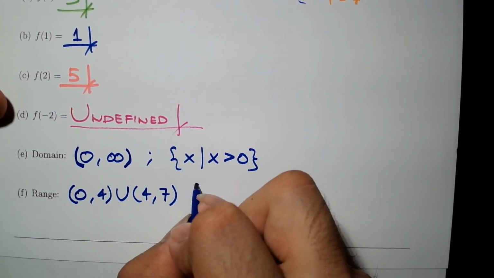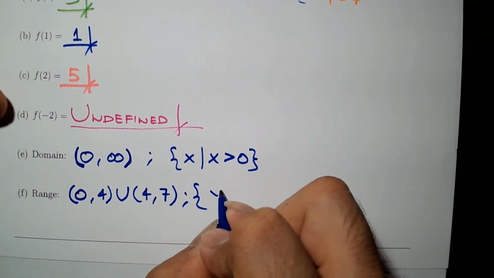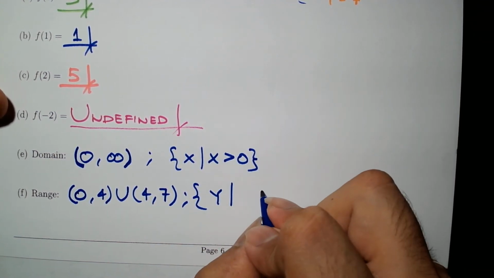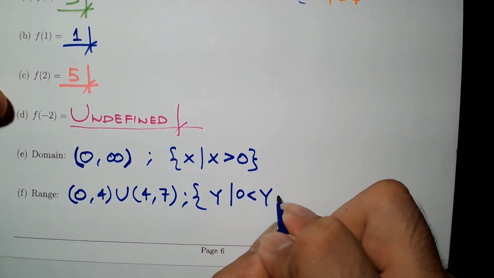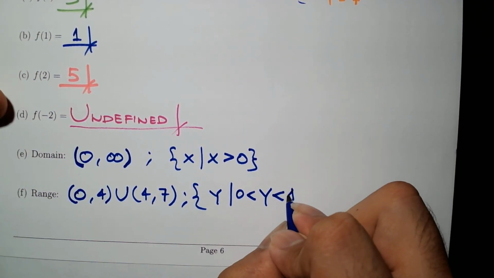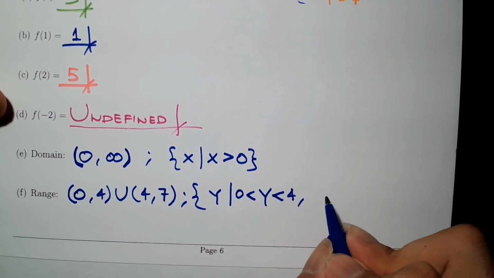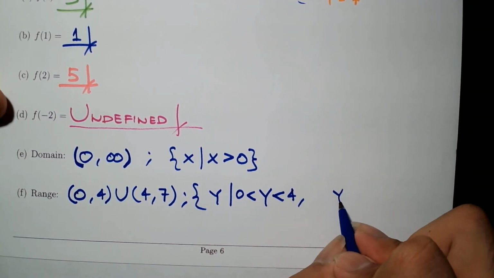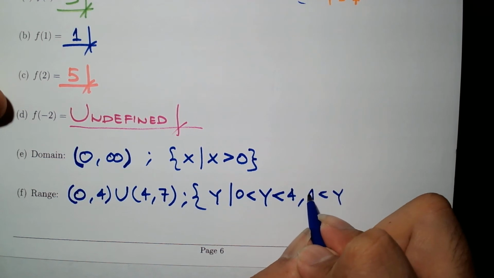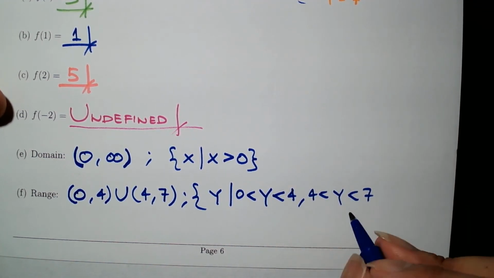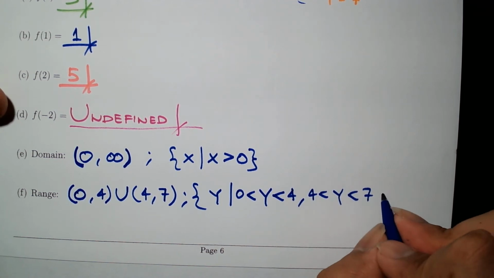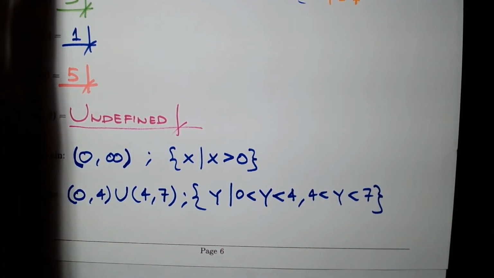On the other hand, y such that y is greater than 0 and less than 4, exclusive, and then y goes between 4 and 7. Alright.